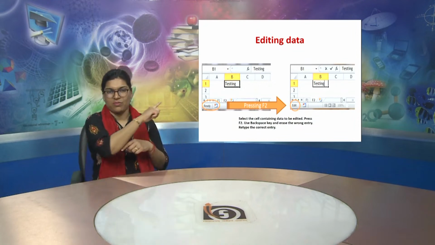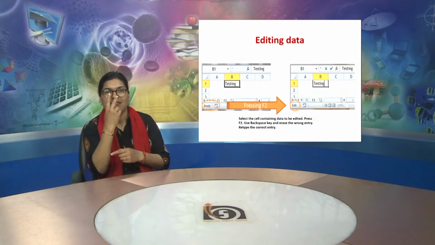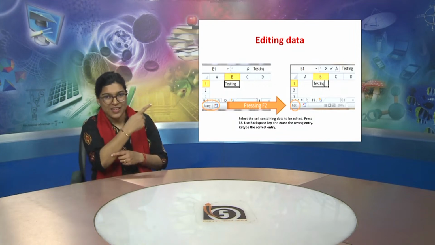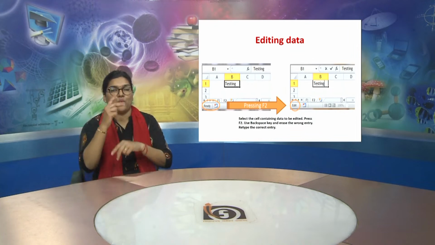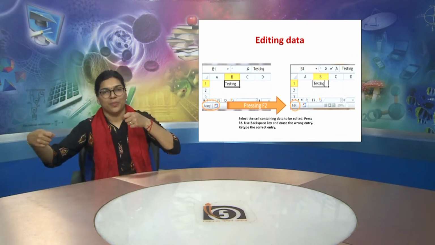So instead of right clicking, you can also use F2. Also you can use the backspace key and erase the wrong entry, and then retype the correct entry or whatever content you want to type next.